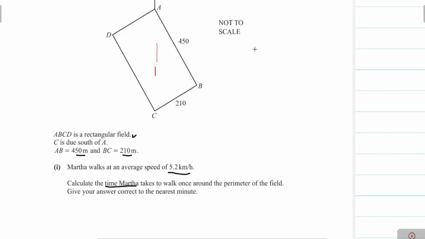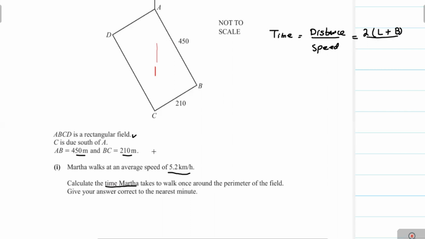We have to find the time. The time is equal to distance divided by speed, and the distance here is the total perimeter of this rectangular field. This will be equal to 2 times length plus breadth.